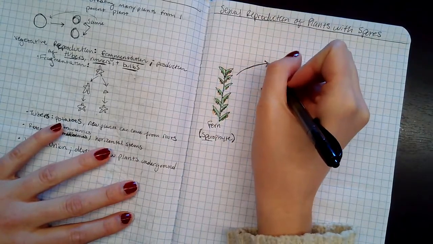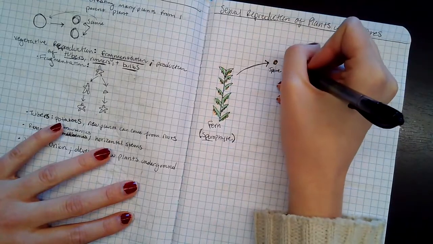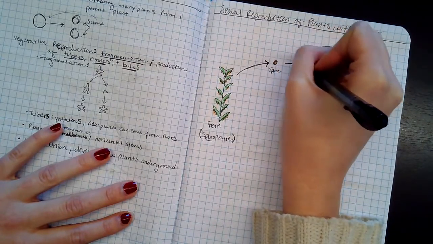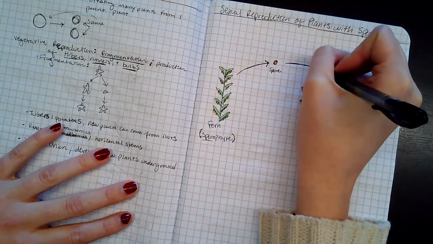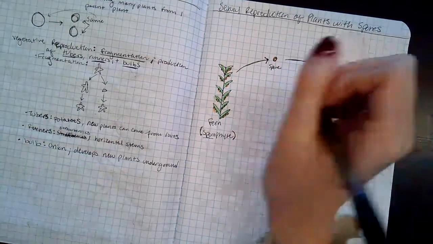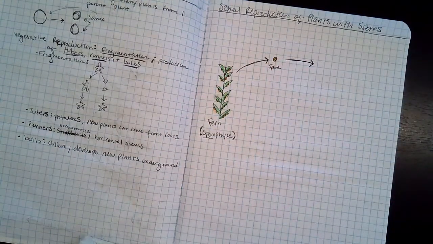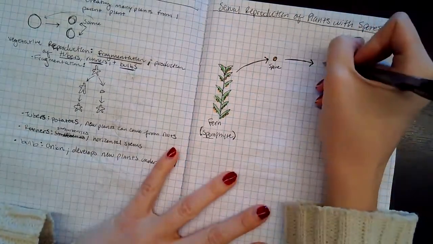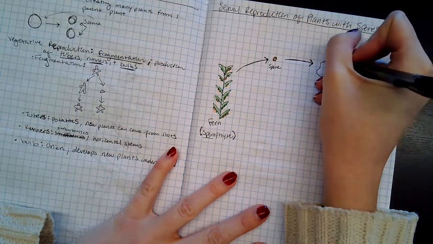Okay. One of those spores goes out on its own, makes its life for itself, right? Maybe it's going off to college. Who knows? Now we're going on to the next thing. What happens with that? Well, it has to land on the ground. And when it lands on the ground, it will become a gametophyte.